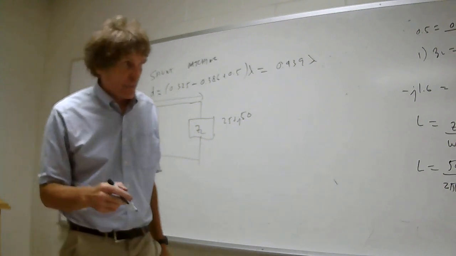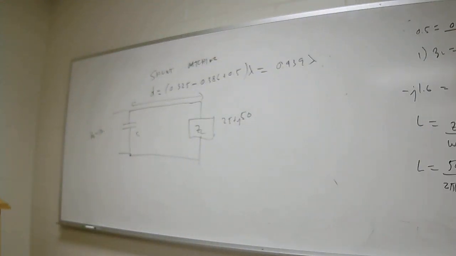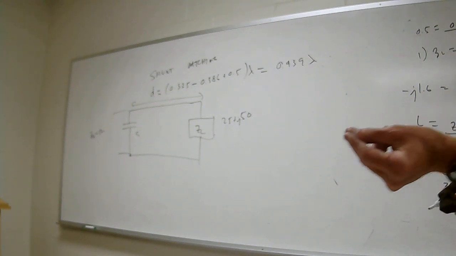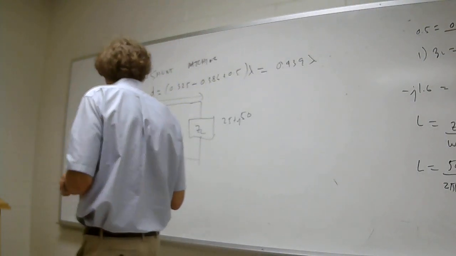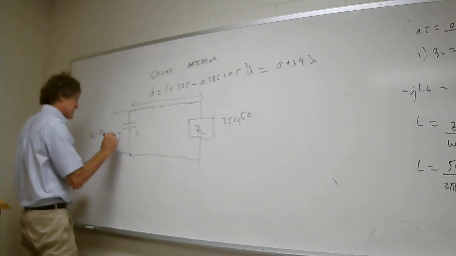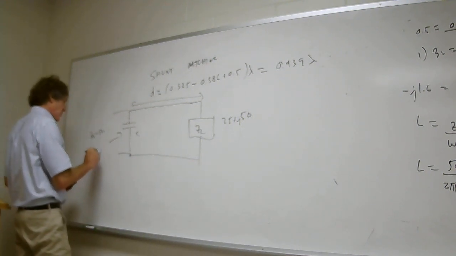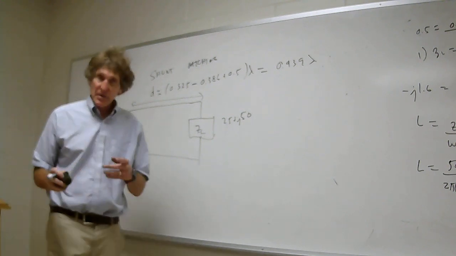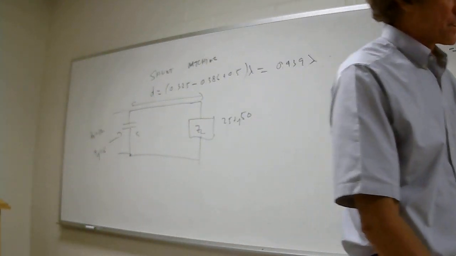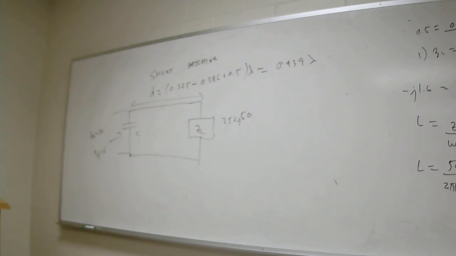Now, when I hit that point, I get a value here of 1 minus J1.6. Do y'all agree with that? Remember, it's admittance. It's normalized admittance. Correct, class? I need something with a plus J1.6 to get rid of it. So that means the normalized admittance of this has to be plus J1.6. And you can see why I did that. You come over here, here's the normalized admittance for a capacitor, right? You all with me?